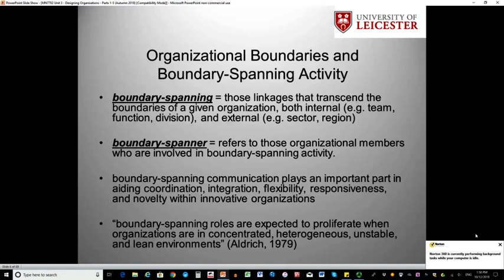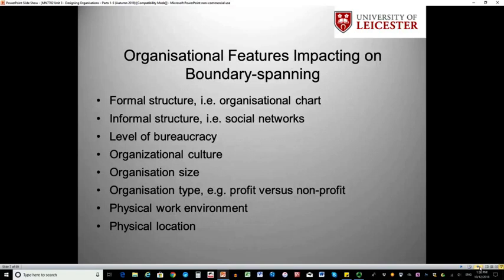Okay then, so boundary spanning is a core concept that I want you to keep in mind throughout the course and the module. What I want to talk about now then is some of the factors and features of the organisation that shape whether boundary spanning is likely to occur or not in the organisation.